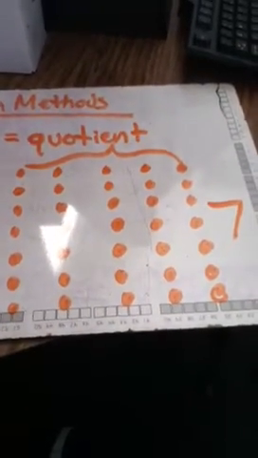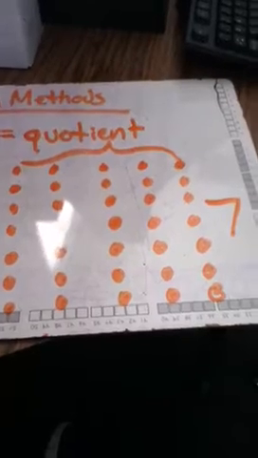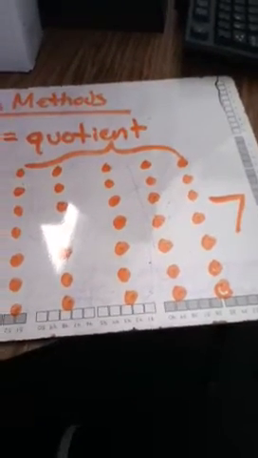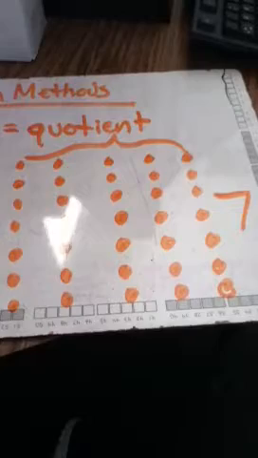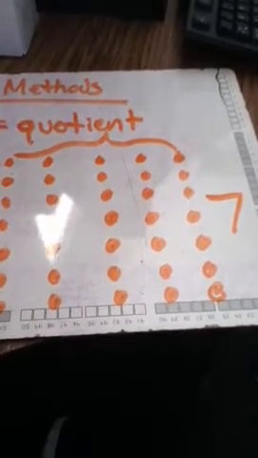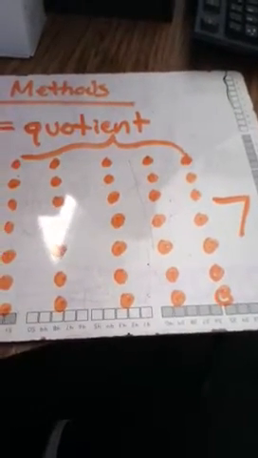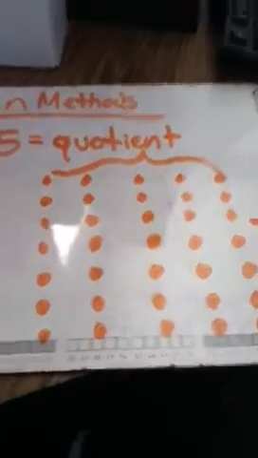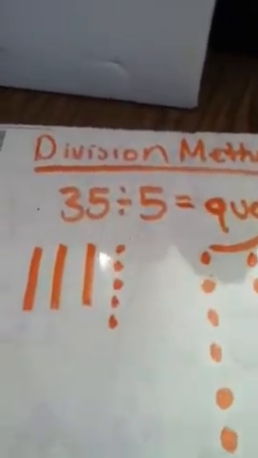Now, there's a way I can actually check my division problems, because division is the inverse or the opposite of multiplication. You could use multiplication to solve a division problem and check your work. So I know that my quotient is 7, and what I can do is take my problem and turn it around backwards.